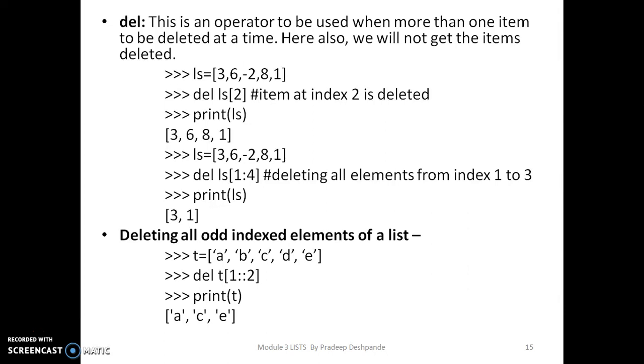After removing the first element, after 2 steps it will remove the next element. 2 steps means after 1 it is 3, again after 3 it is 5, after 5 it is 7, like this. You can see here it has removed B and D from the list. Only A, C, E are remaining.